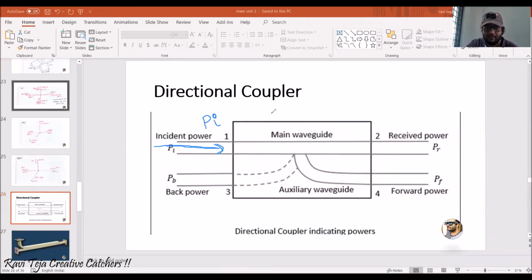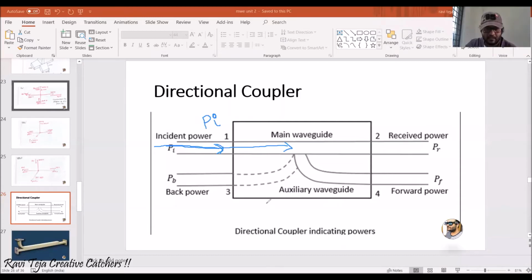Now, whenever the microwave signal is traveling like this, what are the expected outputs? From which ports can the output be expected? Port 2 and port 4.